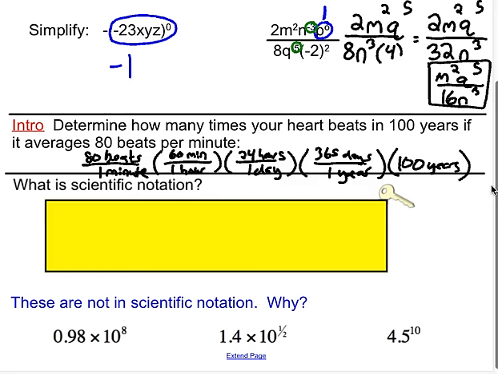Again, this is very science-y because this is how you would track things in science to convert between those units. This is going to be a massive, massive number. So I'm quickly going to pull out my calculator and calculate this for us. 80 times 60 times 24 times 365 times 100. And I get this number right here. All right, so over 4 billion times in 100 years.